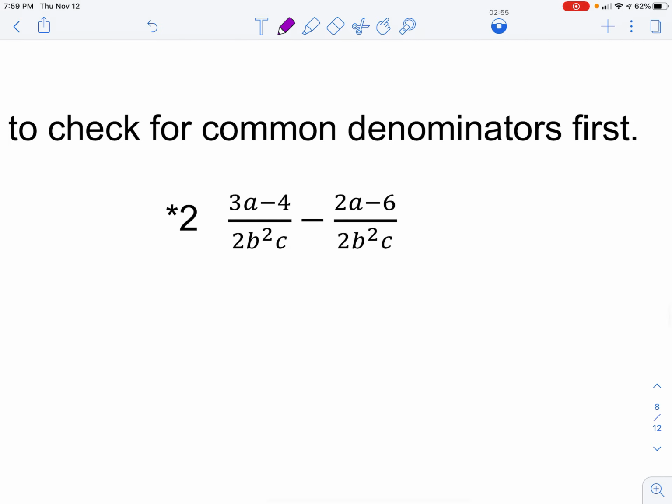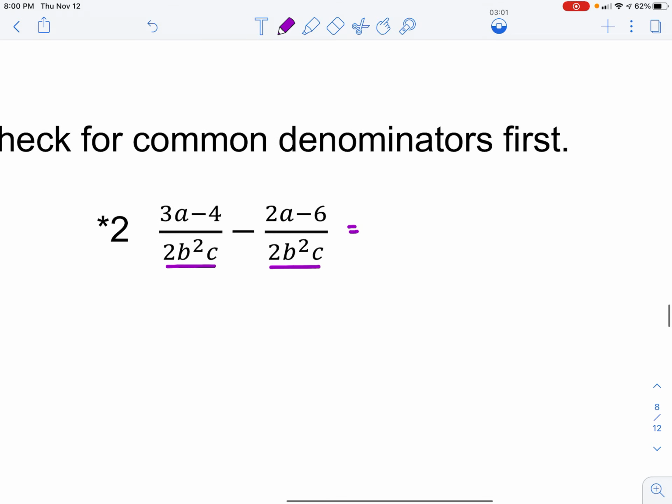Now, they have the same denominator too, don't they? 2b squared c, 2b squared c. So again, this is going to be fairly simple to put together. I'm going to have 3a minus 4. But what I want you to notice here, remember, these are like symbols of inclusion. So it's kind of like all of these terms are in parentheses because they're inside the fraction.